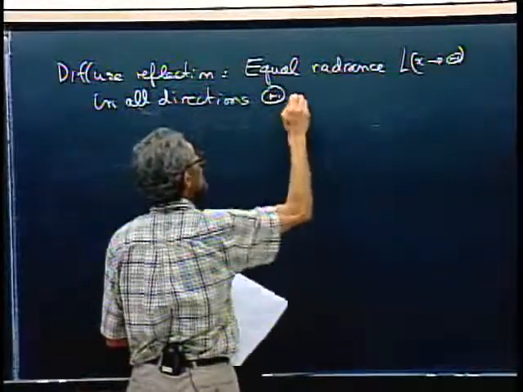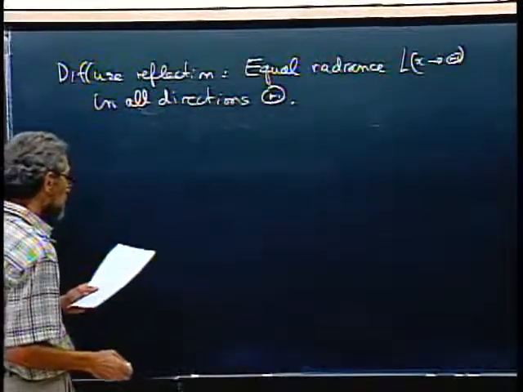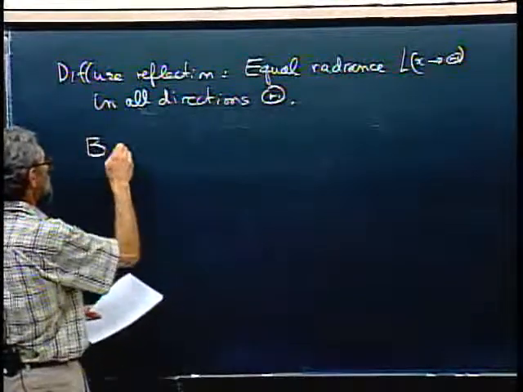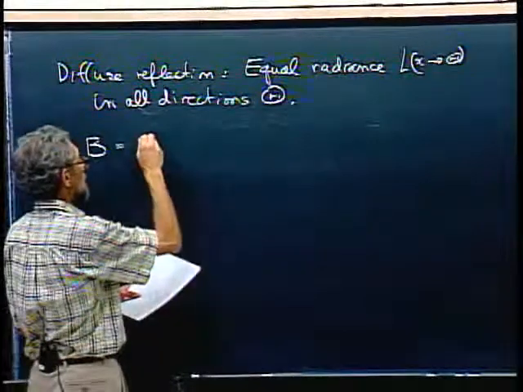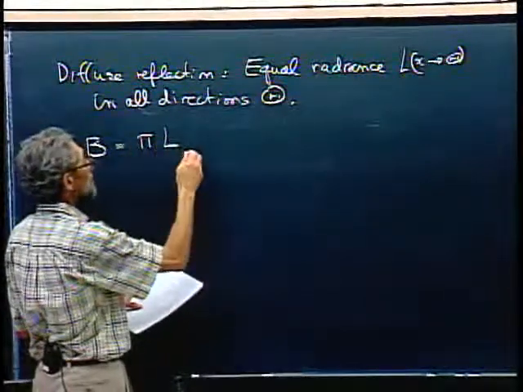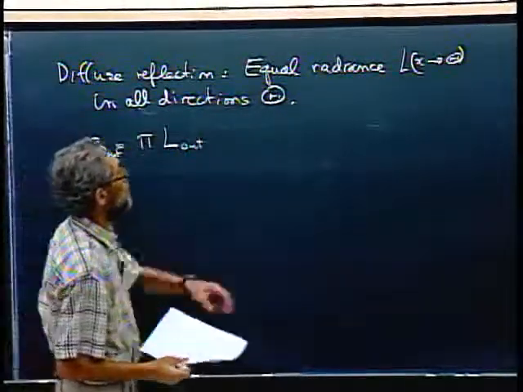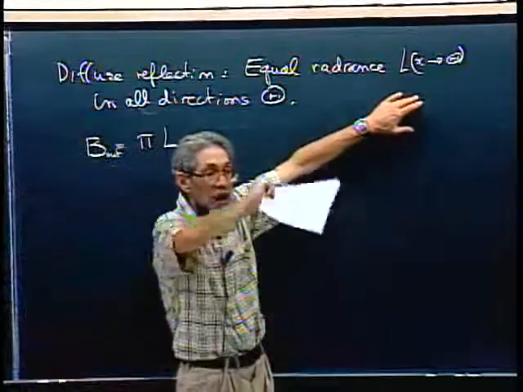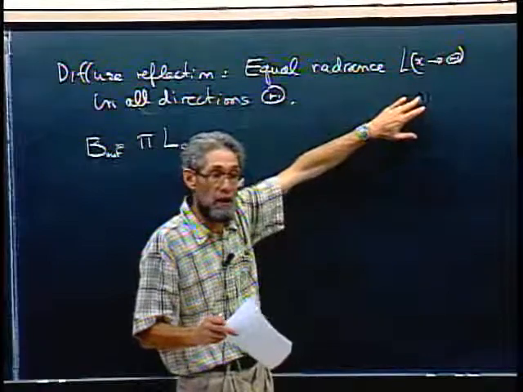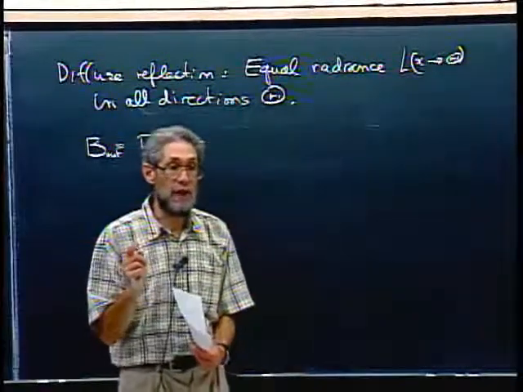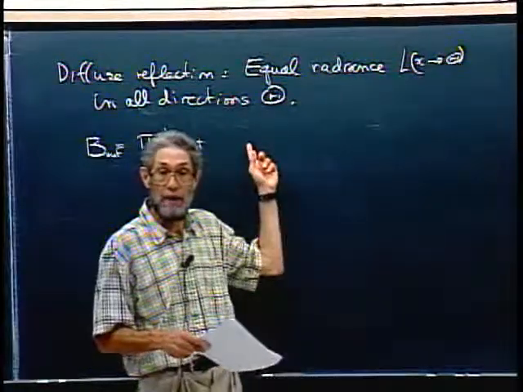So the surface looks equally bright in all directions. And what we computed last time by integrating over the hemisphere was the total light that comes out was pi times this constant radiance coming out. Right? By assuming the radiance is constant and then integrating the total flux per unit area that came out and doing the variables theta and psi for spherical coordinates and doing some trig integrals, we ended up with just pi.